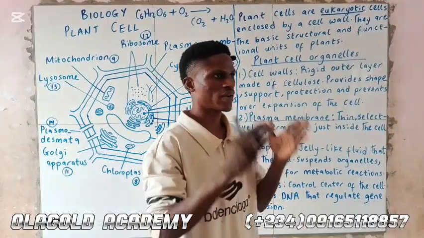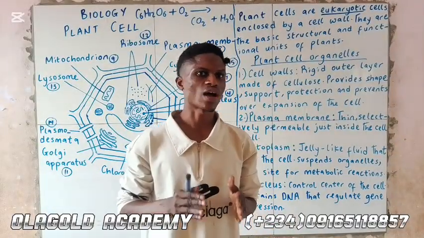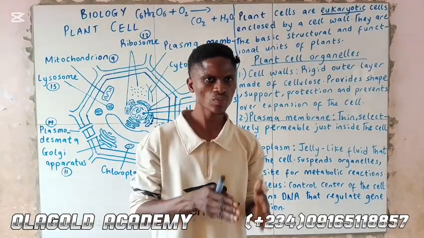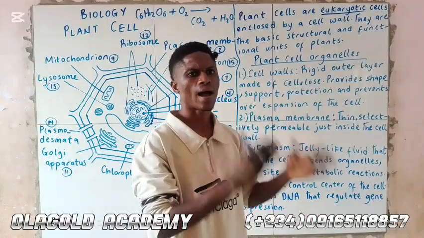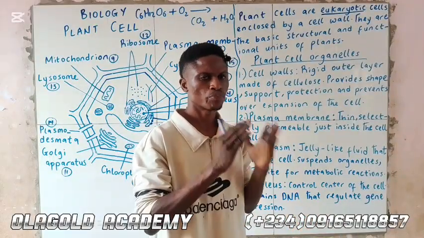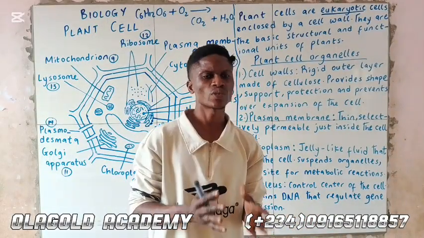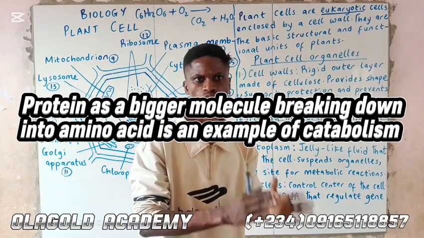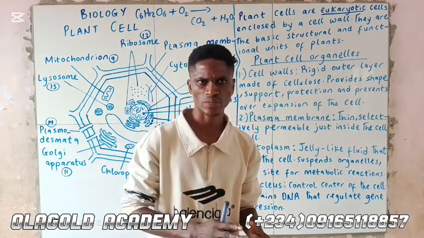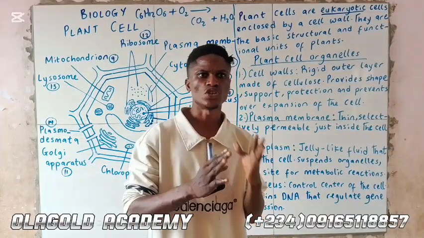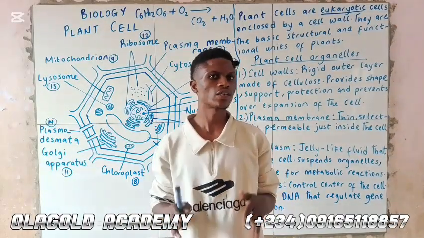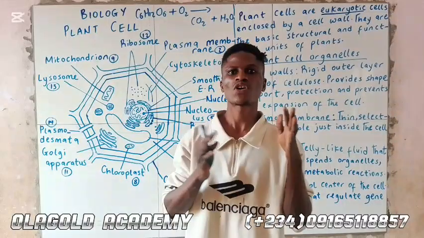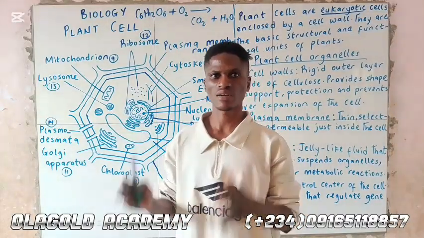Another example of catabolism is when we have protein breaking down into amino acids. Protein is a bigger molecule breaking down into amino acids, which are smaller molecules. Another example is when we have fats breaking down into fatty acids and glycerol.